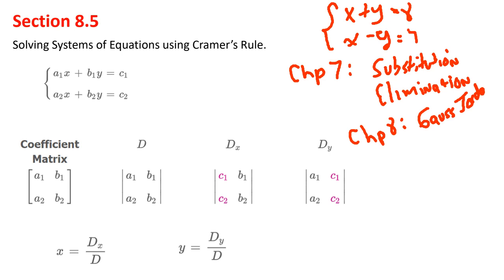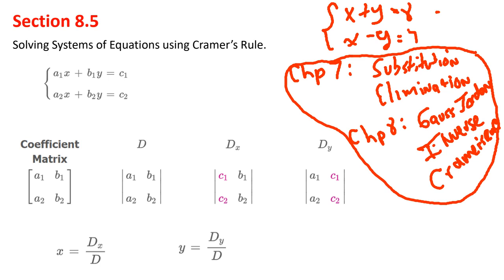We had the inverse. And now we're going to have what we call Cramer's rule. All of these are methods that you can use to solve a system, and depending on which method you prefer, those would be your options.